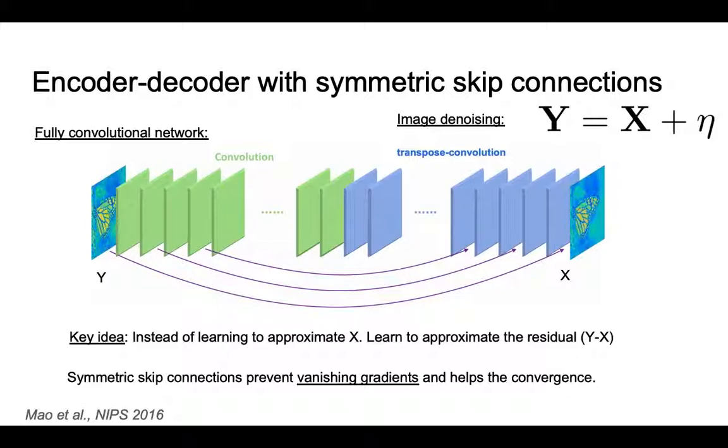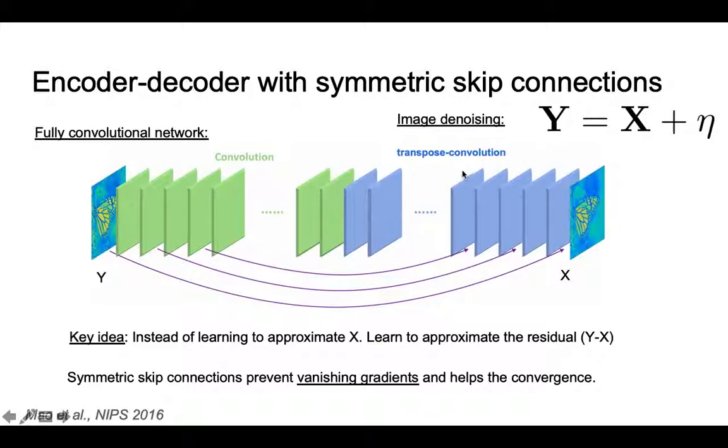They said you have a noisy image, and then you do some convolutions. There's no pooling here, notice that. You take your whole image, pick some big patch from it, let's say 96 by 96 or something like that, and then you just apply these convolutions.